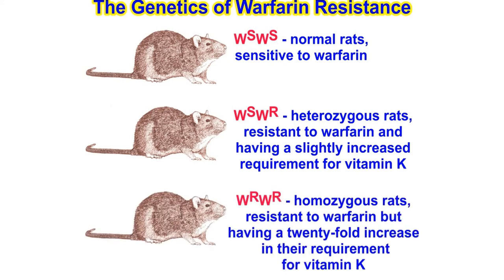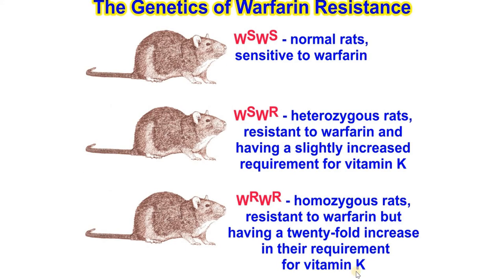And then we've got our third rats, which are homozygous, and they have this warfarin resistance, homozygosity. But as you can see, this requirement for vitamin K now goes up by 20 times.